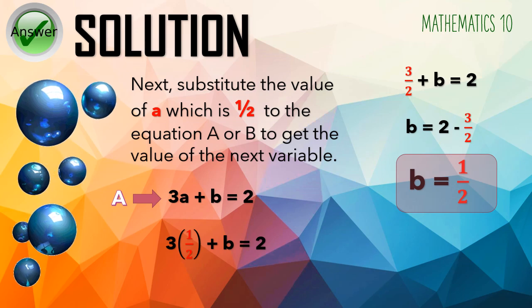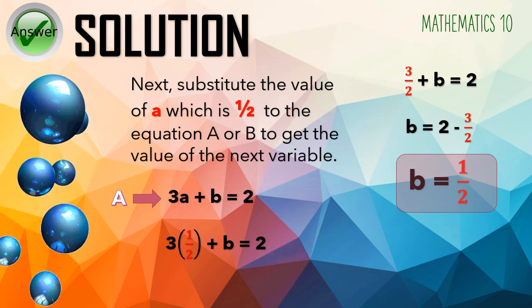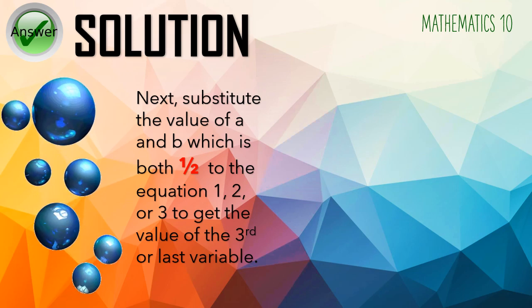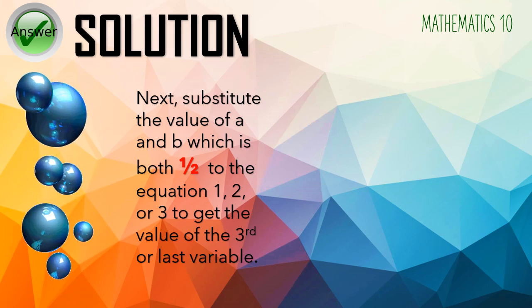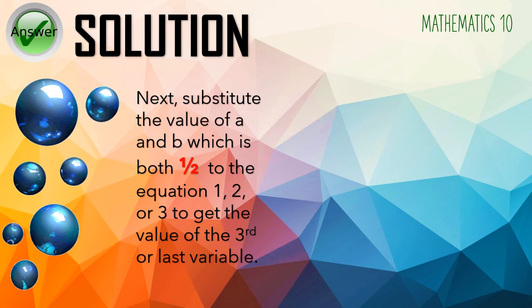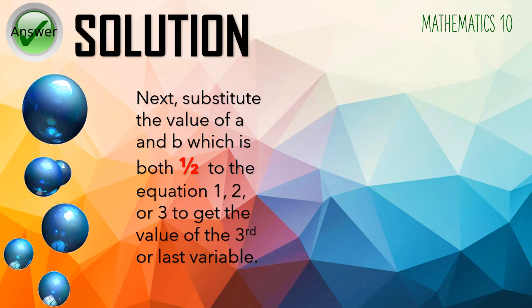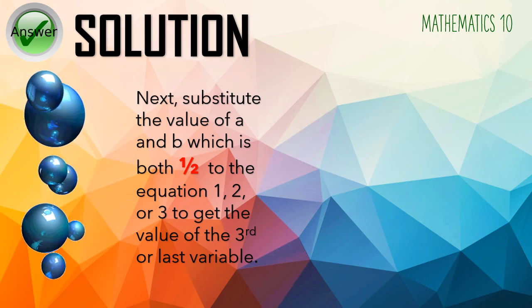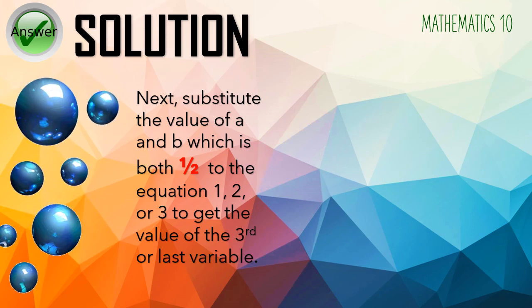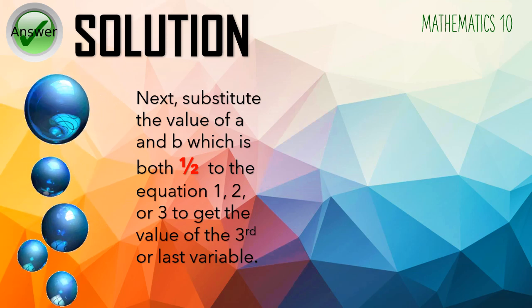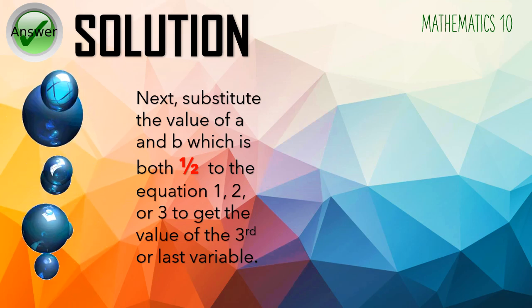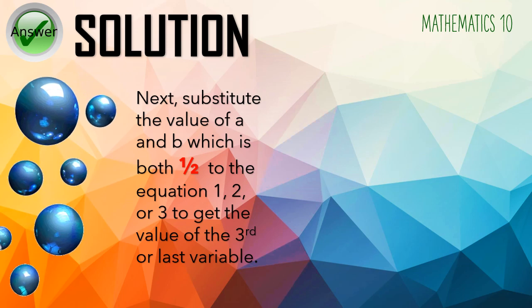To get c, lastly, we will just substitute both the values of a and b in our equation. Since we have two values already and we are supposed to get the remaining variable out of those three, we may now use the original equations 1, 2, and 3.